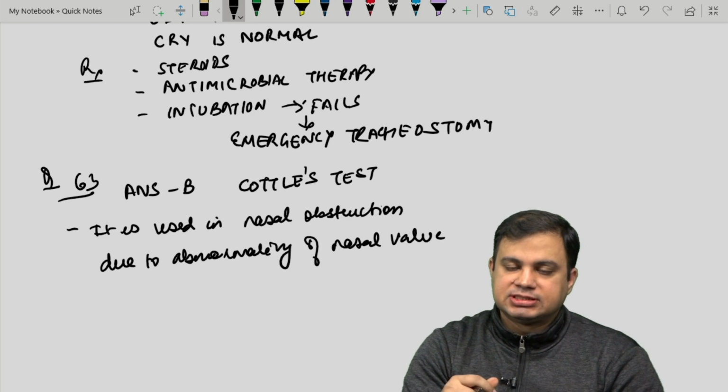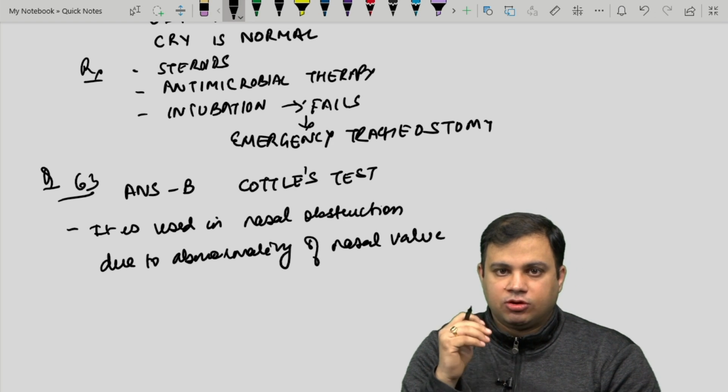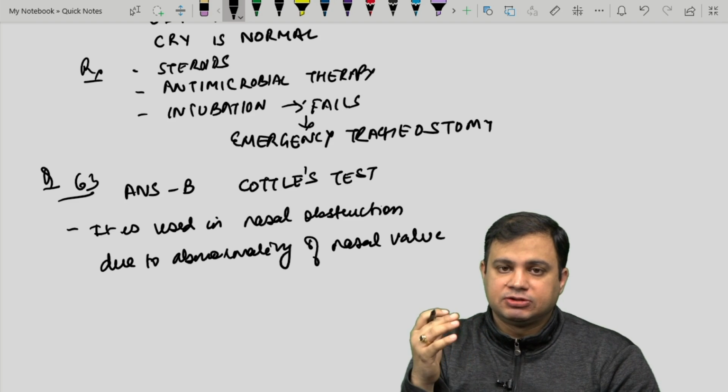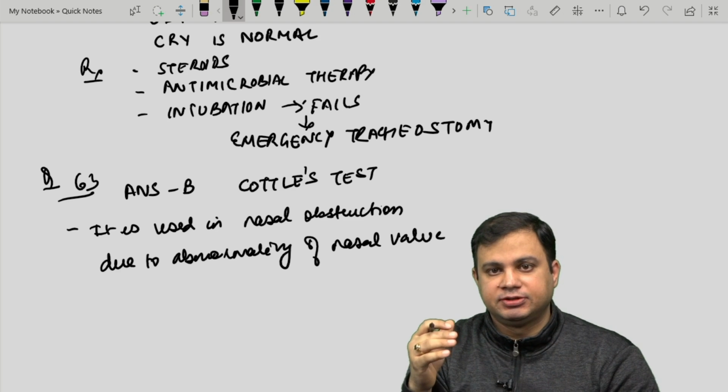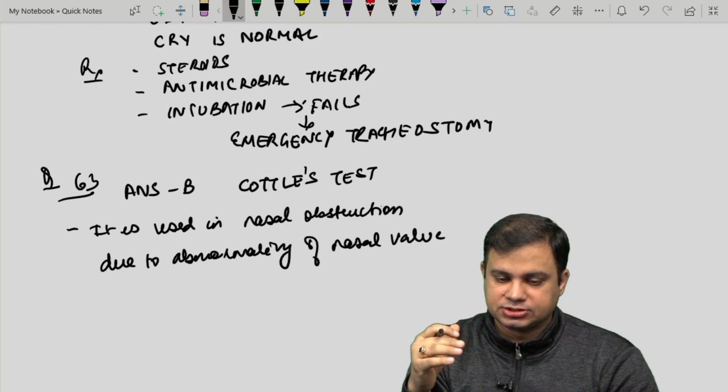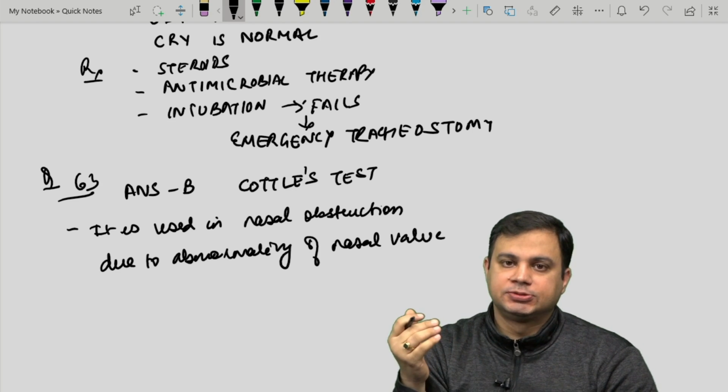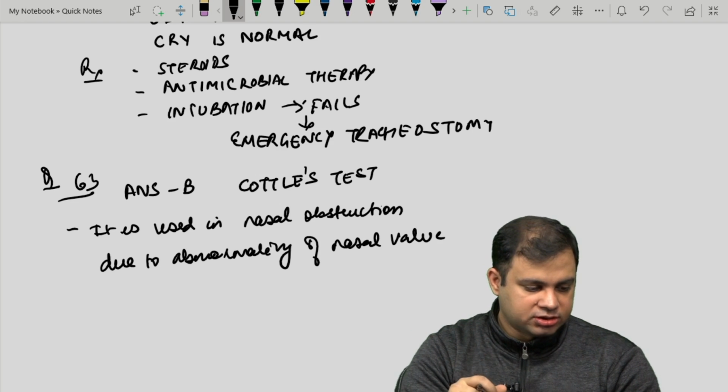So if the patient is having nasal obstruction because of the nasal wall, and if we do Cottle's test and the patient is relieved of the nasal obstruction, that means this patient is fit for septoplasty. We must do a septoplasty in such a patient, and he will be relieved of his obstruction. So this test is known as Cottle's test.